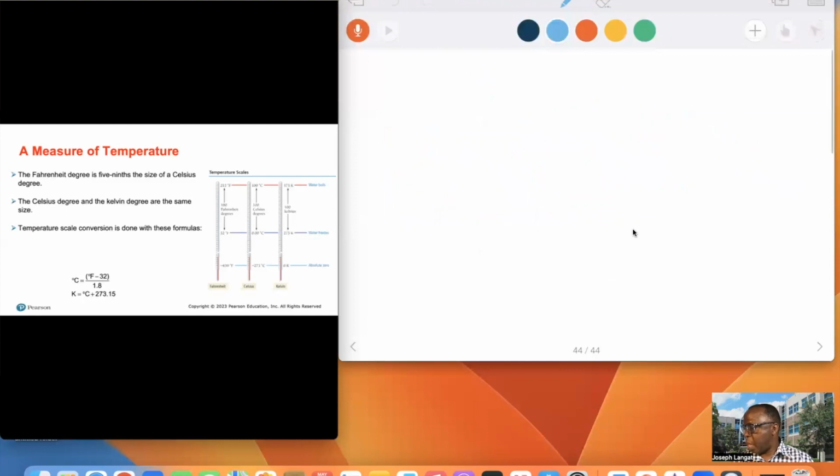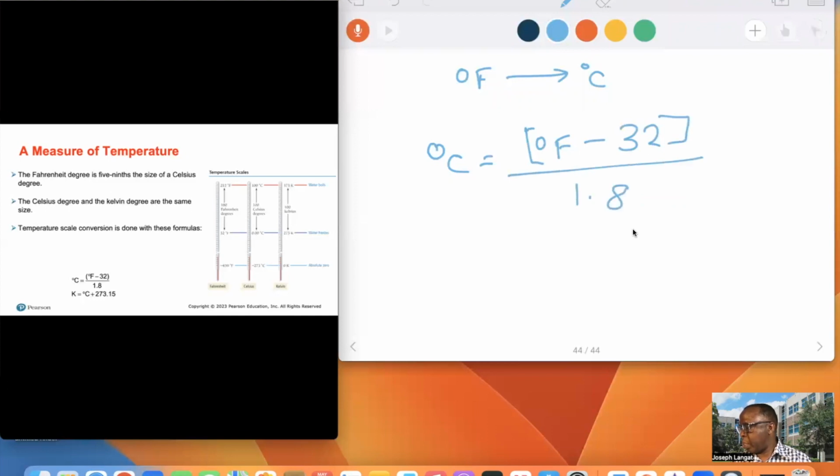Suppose you are asked to change degrees Fahrenheit to degrees Celsius. What you will do is convert that to degrees Celsius, which is given by degrees Fahrenheit minus 32, all over 1.8.